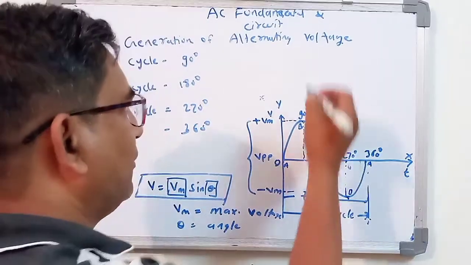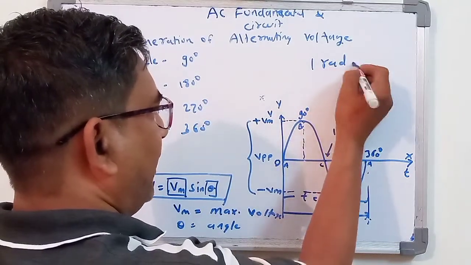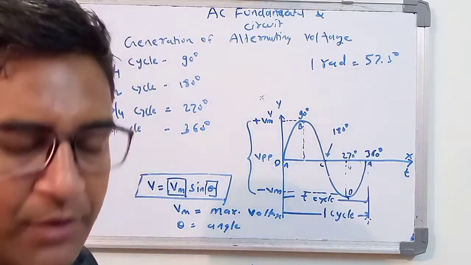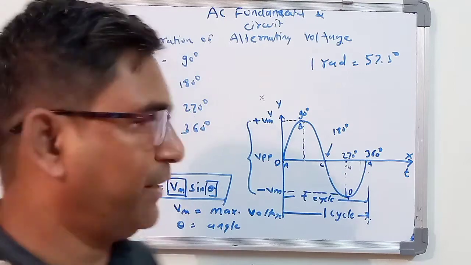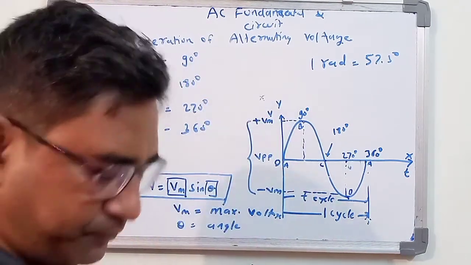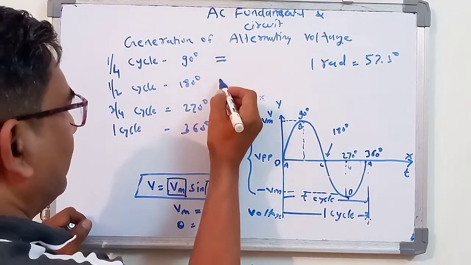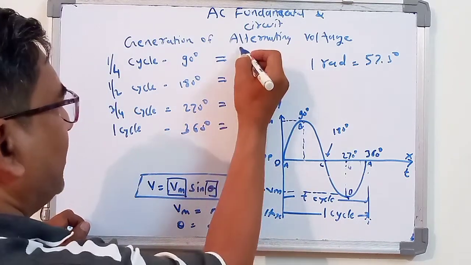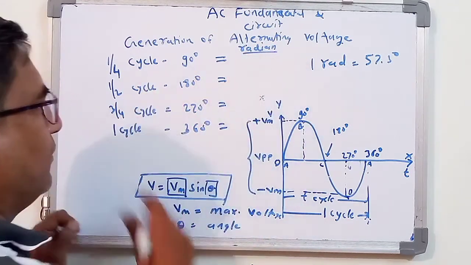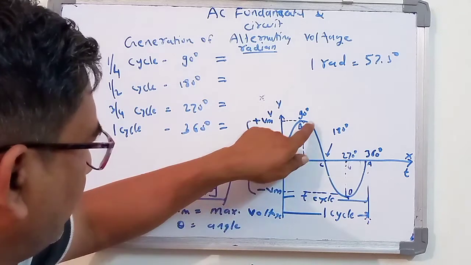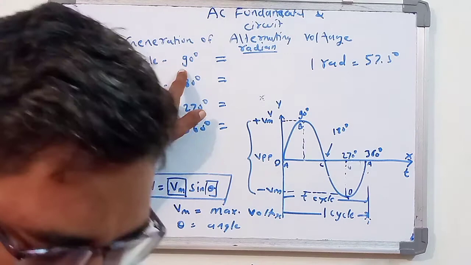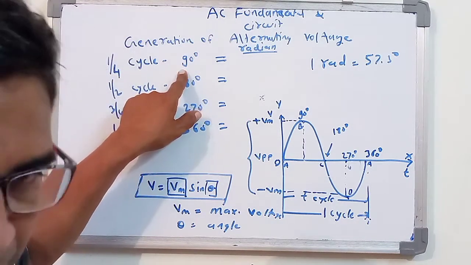Now, if you calculate this value, this value, and this value in radian: 0 to 90 degree, I told you it is a one particular quarter cycle.